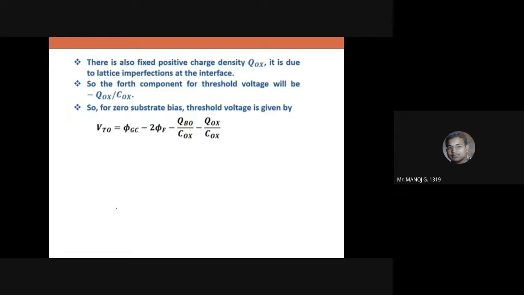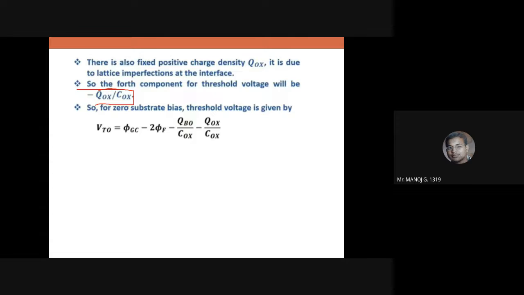That's called lattice imperfection, and that will also affect the threshold voltage, so that has to be taken into consideration. It is given by the fixed charge QOX by COX, where OX is nothing but the oxide and COX relates to the thickness of the oxide. So QOX by COX is the value of the fourth component that arises because of the lattice imperfection in the fabrication process, that is, when they're making the IC. So that is the fourth parameter.